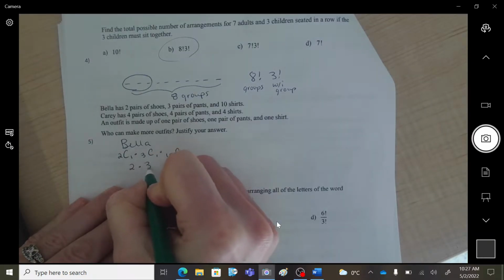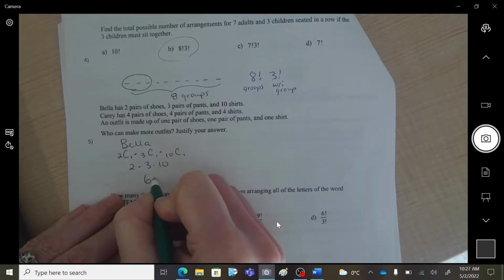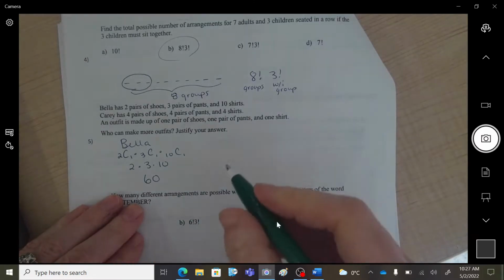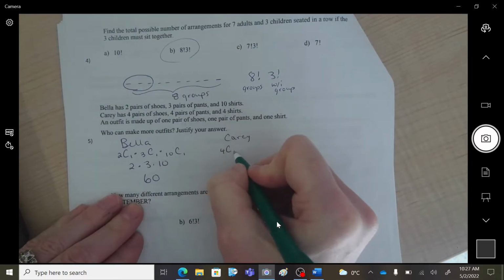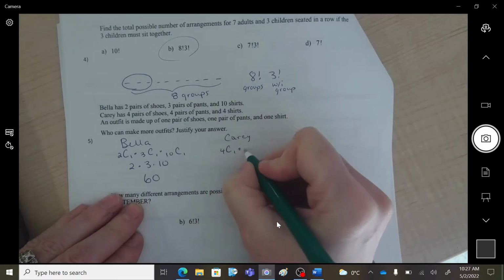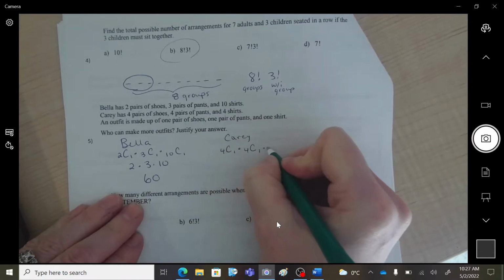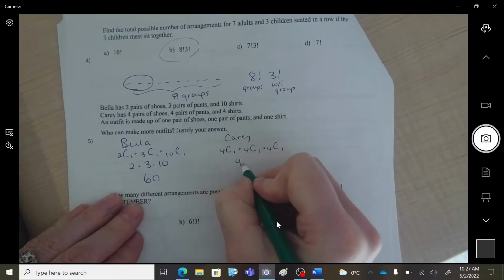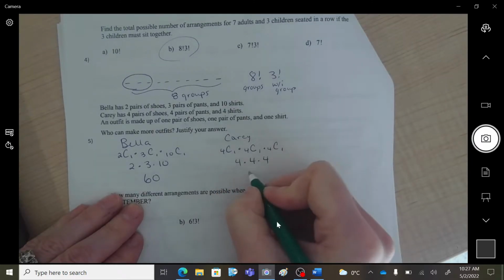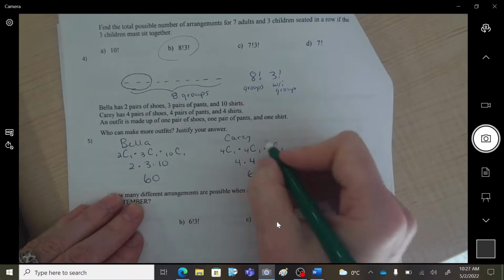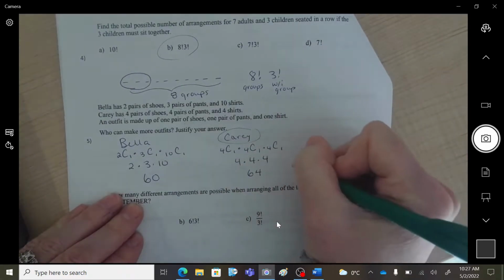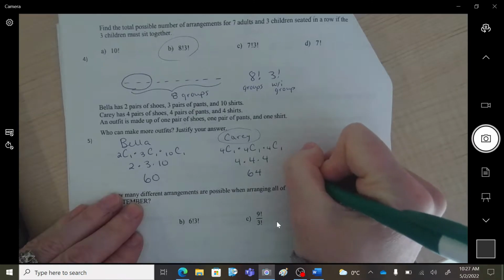So 2 times 3 times 10, that is 60. And Carrie, 4 shoes to choose 1 from, 4 pants to choose 1, and 4 shirts to choose 1. So 4 times 4 times 4, which makes 64. So Carrie can make more.